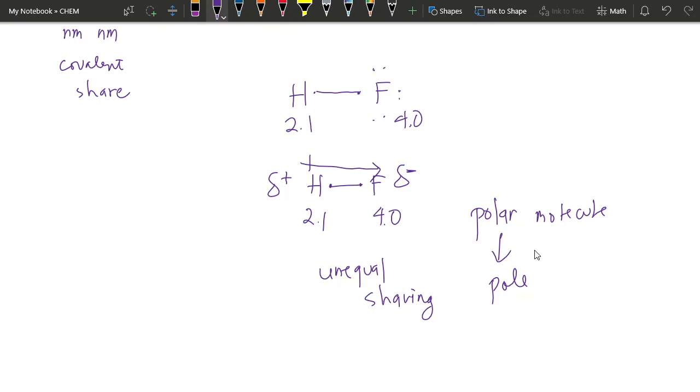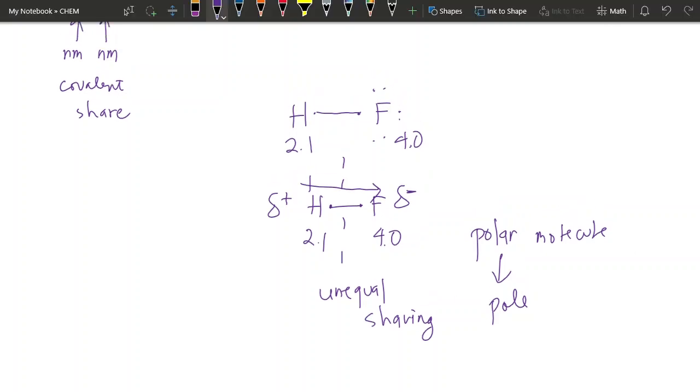We have, for example, the North Pole and then the South Pole. In this case, we have 2 different poles. This side is partially negative, and this side is partially positive. So we call this a polar molecule. There is an unequal sharing of electrons.